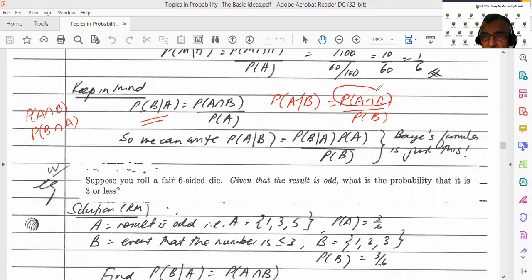If we keep this numerator and we cross multiply, we will get the probability of A and B as the probability of B multiplied by the probability of A given B. If you start by writing the probability of B, then you must multiply by the probability of A given that B has happened. Using this formula, you can see it straight away. Now what we are doing is replacing this part here with this part here.